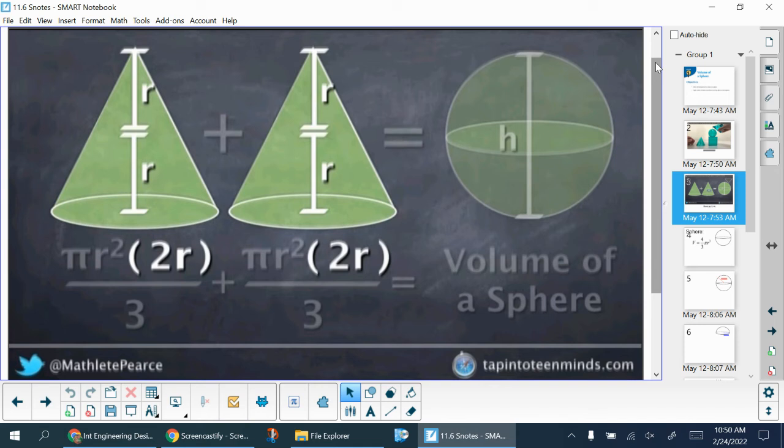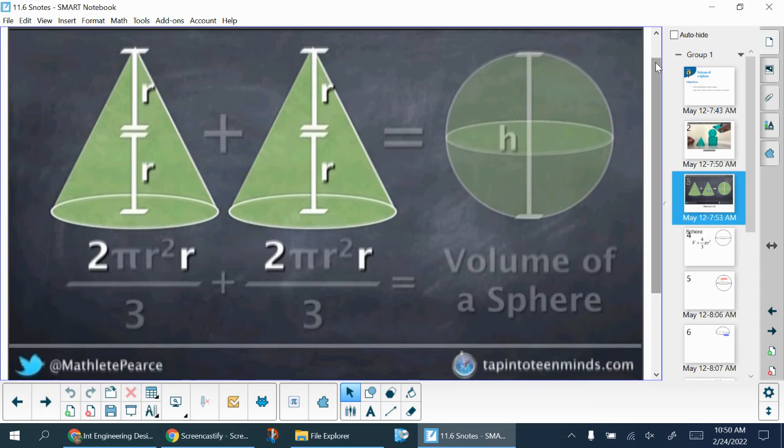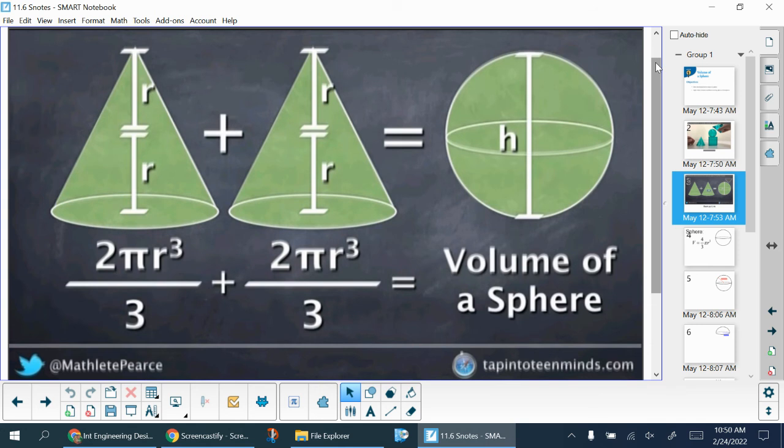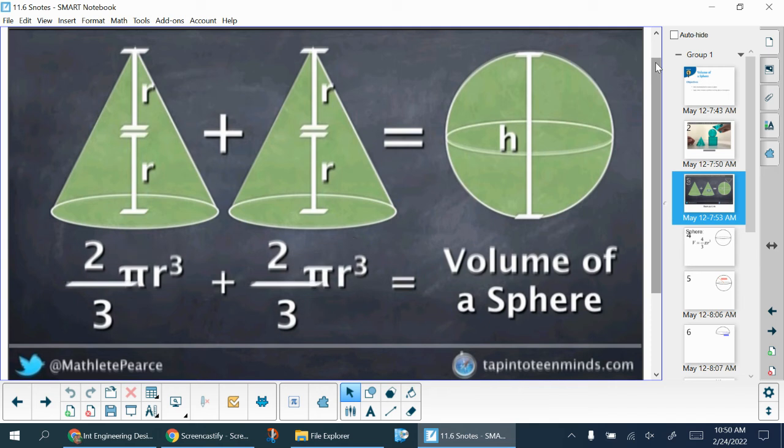And then the only thing we got to do now is just rearrange and simplify. We're going to stick the 2 in the front because we like numbers in front, and it's all multiplication, so it doesn't matter. Then we're going to deal with that r squared times r, which makes r to the third power. And so we've rewritten these two pieces as 2 pi r cubed over 3, and we're adding them together. They're going to do this in a little bit of a strange way.